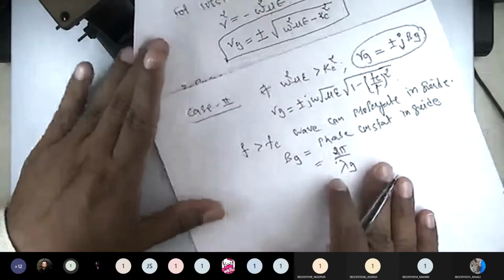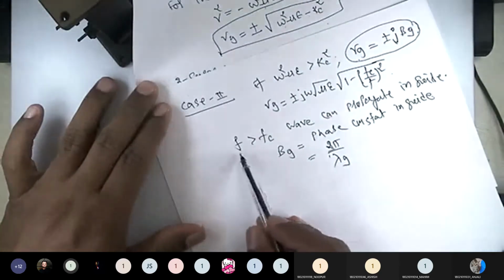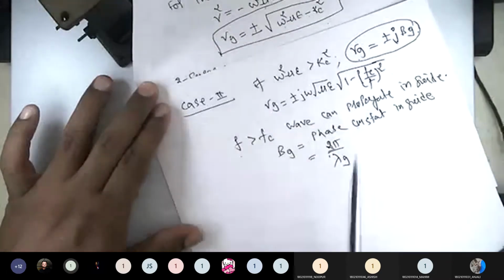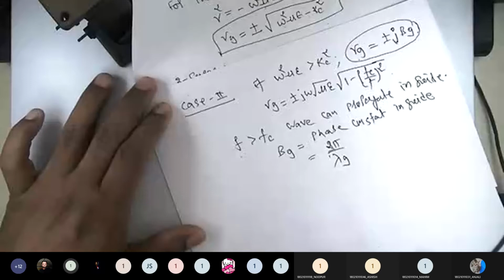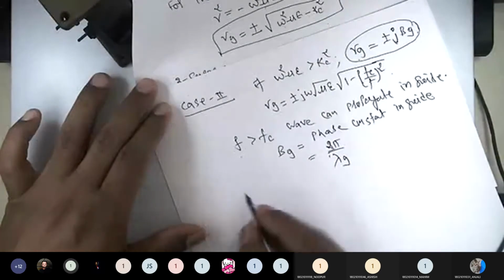So now this is the second case, and from that we have concluded that if our operating frequency is greater than the cutoff frequency, then gamma g will become a complex conjugate number, a reactive number, and hence the wave will propagate inside the guide.